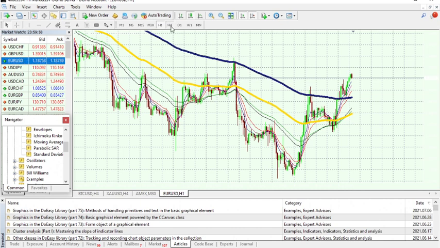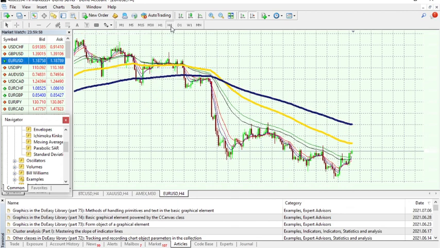Let's move over to the 4 hour. Now, looking at the 4 hour, it is still in a downtrend. But I'm seeing the 100 moving average or the 200 moving average as a resistance before the continuation to the downside.